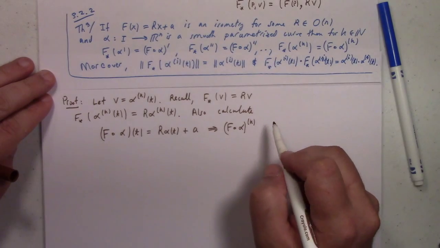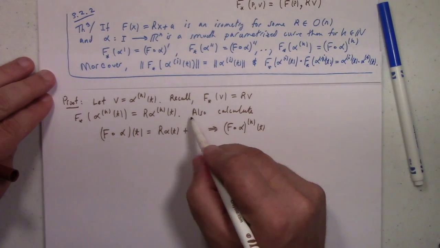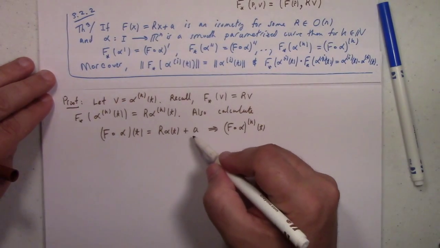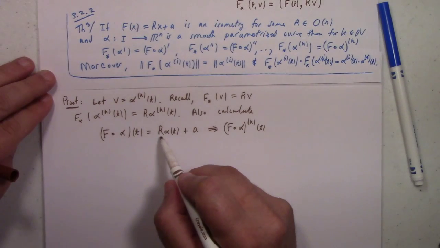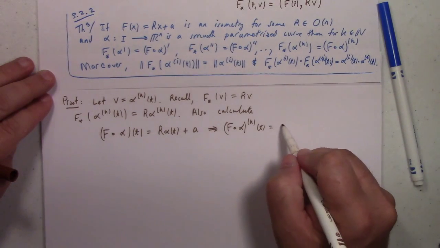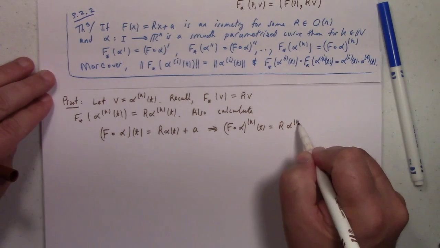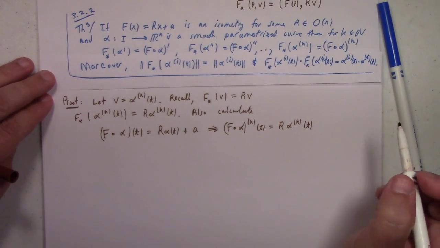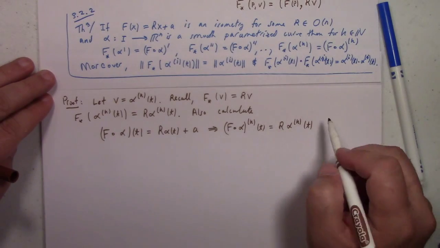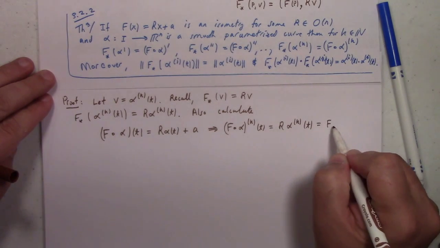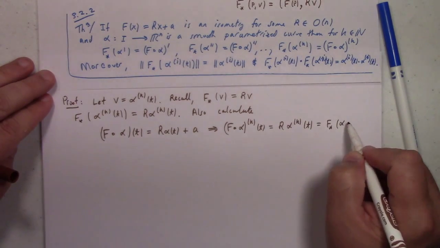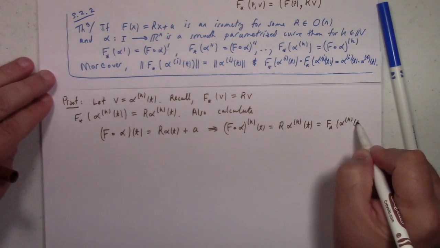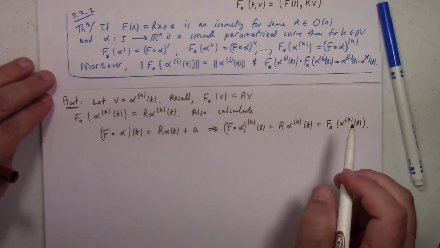If you differentiate it k times, of course, even after the first derivative, that piece vanishes. R is a constant matrix, so you're just left with R times the kth derivative at t. Or, in other words, that's the push forward of the kth derivative at t. All right, so there's the first part of the theorem.